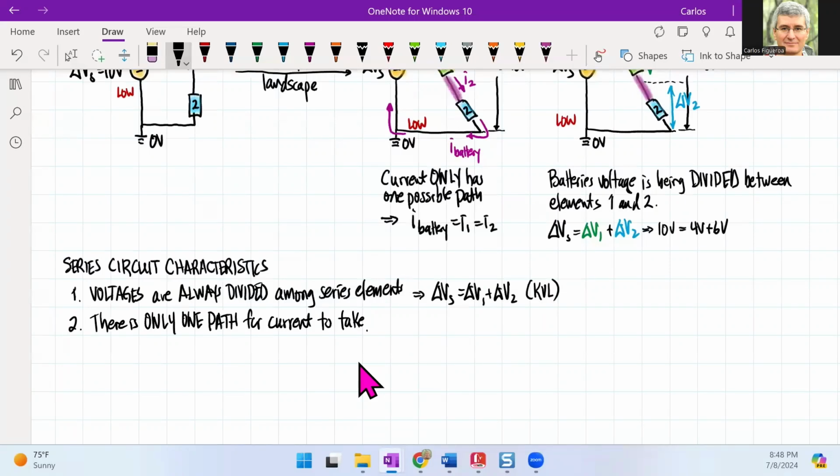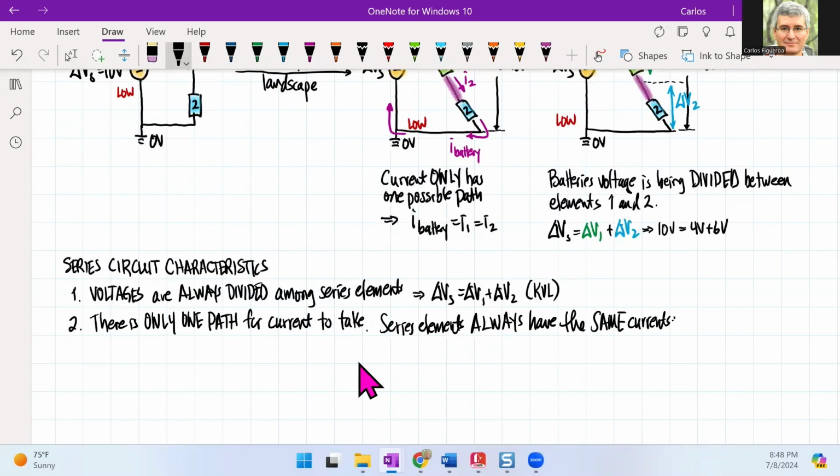In other words, series elements always have the same current.